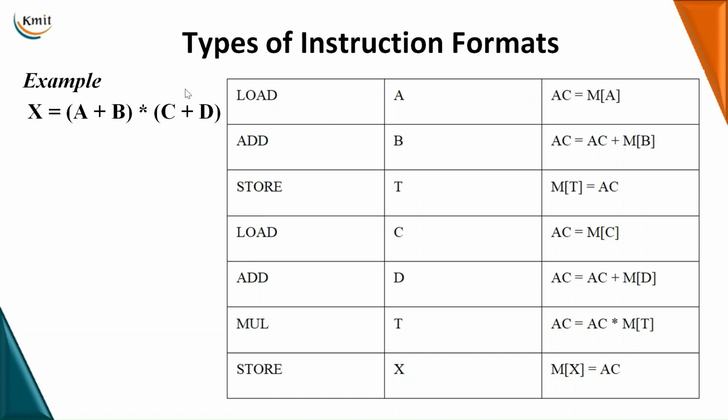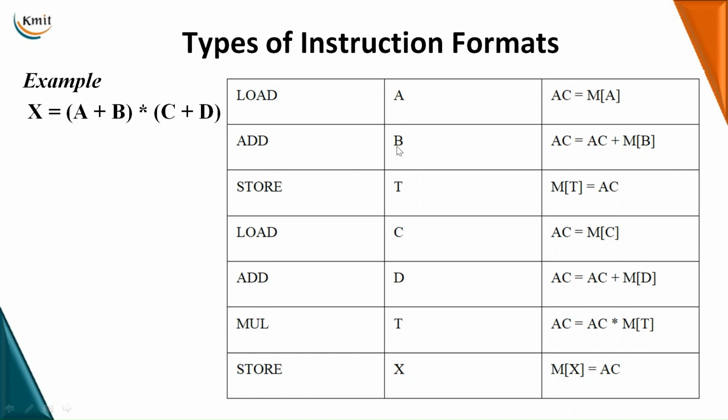This can be implemented using two special instructions called load and store. In this example, load A: we are loading the value of the memory word stored at address A into the accumulator.